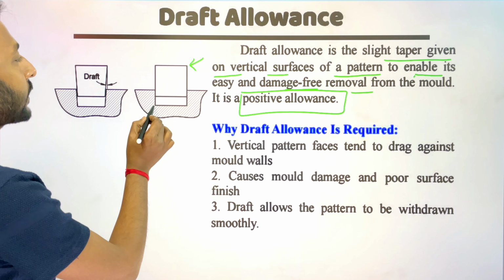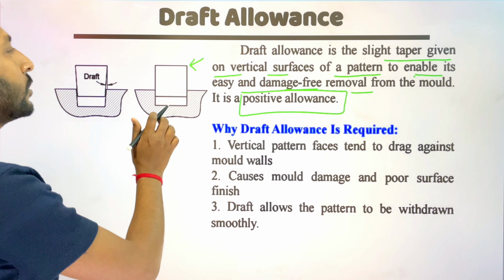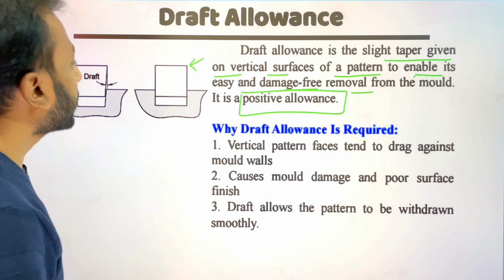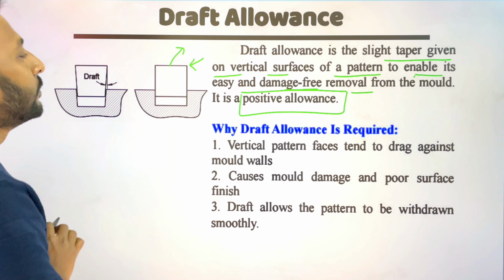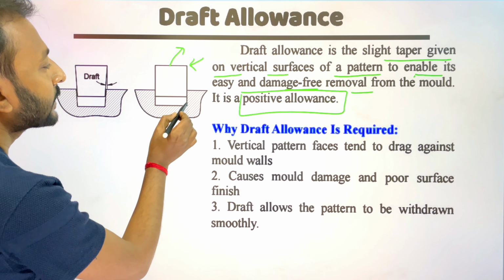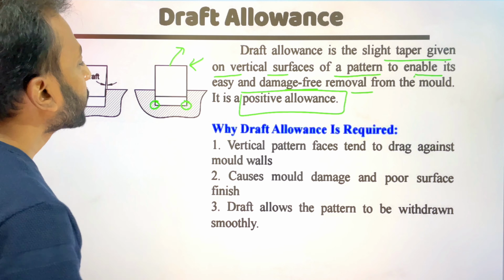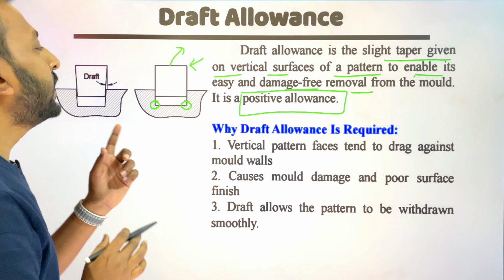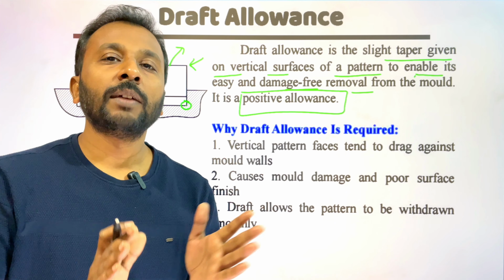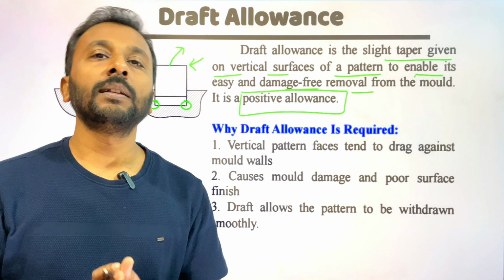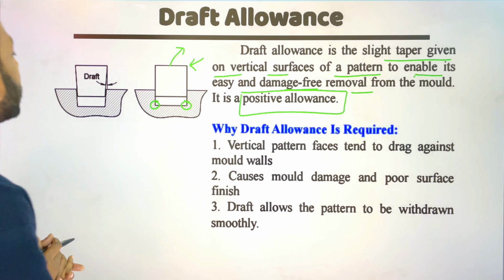The edges are very sharp and not tapered. So when we remove this product from the mold cavity, the sharp corners will damage the mold cavity, and the mold cavity will be useless. We have to prepare the cavity again. So that's why the draft allowance is added.